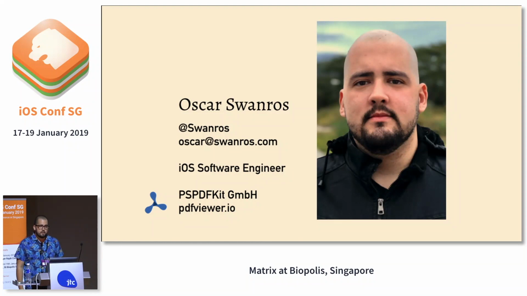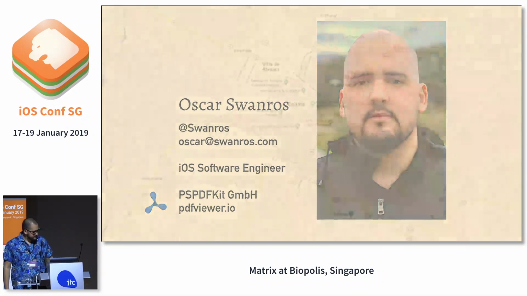I work as an iOS software engineer with the PSPDFKit team, where we create a PDF framework for iOS, Android, and the web. Most of the work that I do on the SDK ends up in this little application that you can download from the App Store. It's a free application to manage PDFs. You can go to pdfviewer.io to get it. It's pretty cool, and if you have anything to do with PDFs on mobile, go check it out.